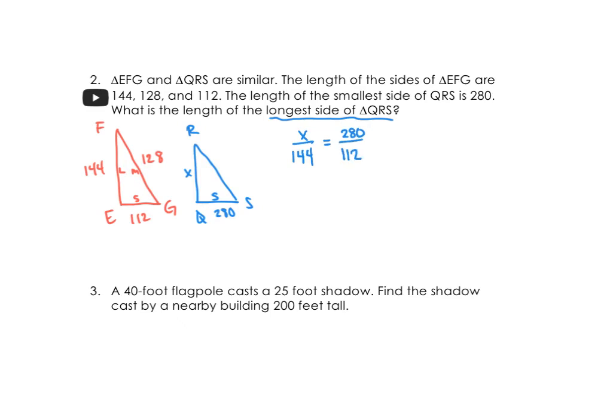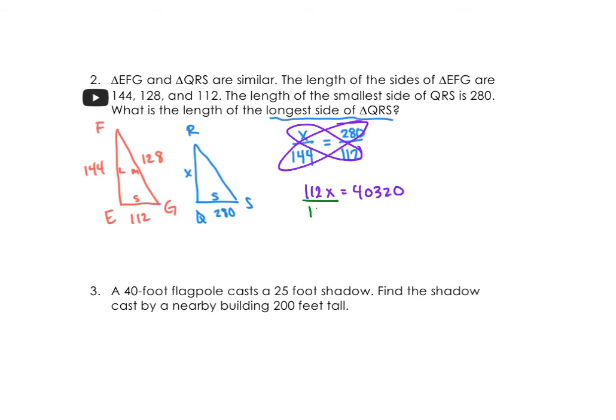Remember, when you set up your ratios, you need to make sure that the top numbers are coming from the same triangle and the bottom numbers are coming from the same triangle. So x and 280 come from the blue triangle, and 144 and 112 come from the big triangle, or the red triangle. So now we can cross multiply. So this is 112x, and then 144 times 280 is 40320.